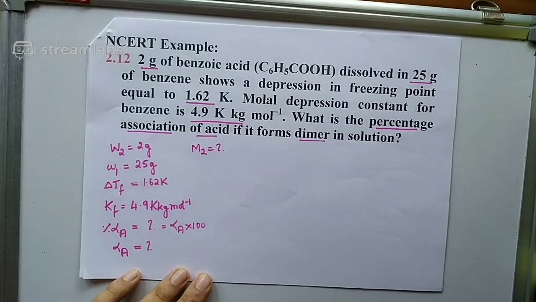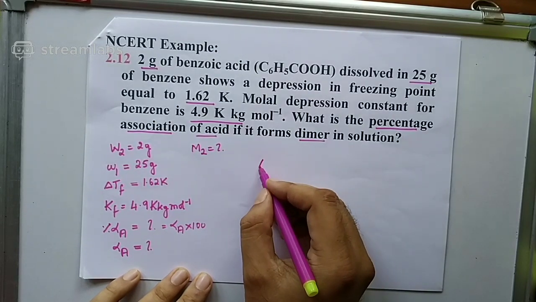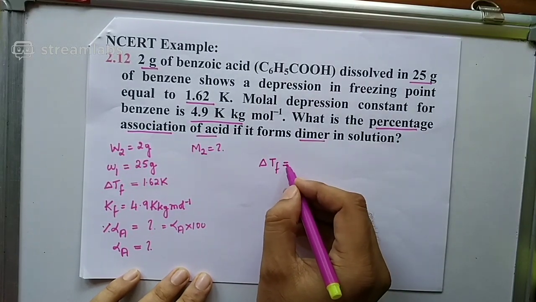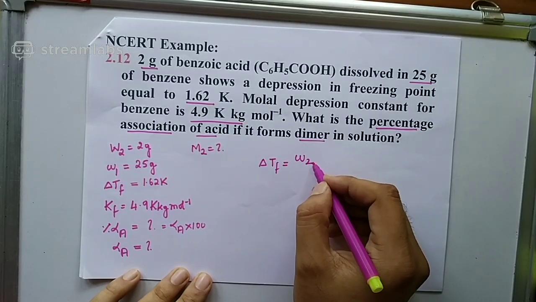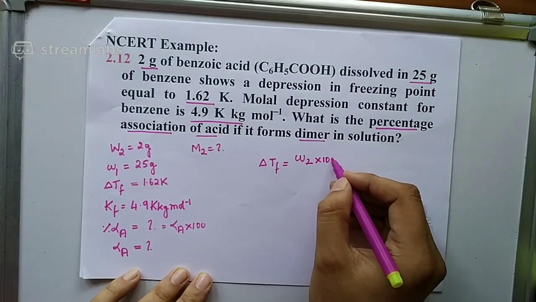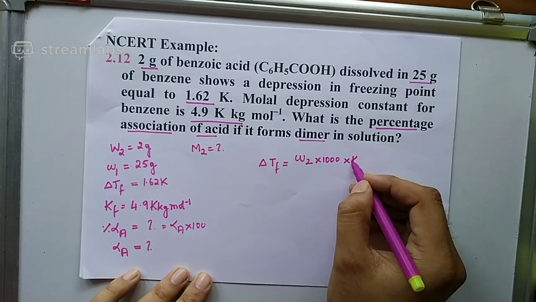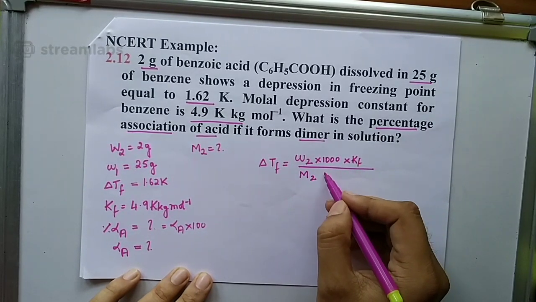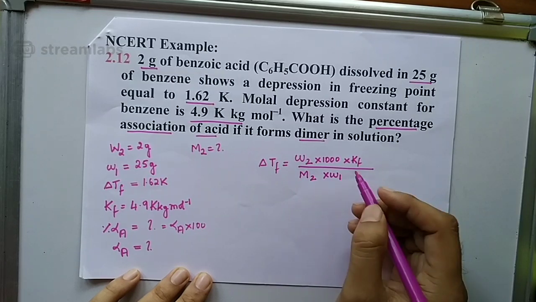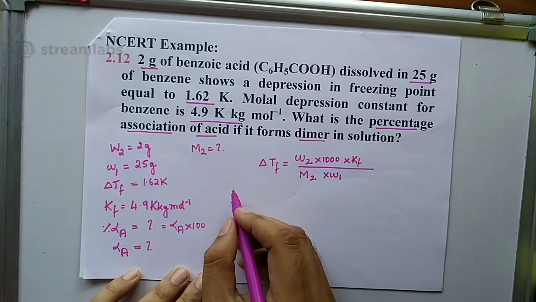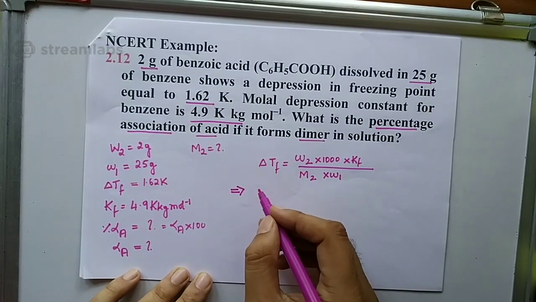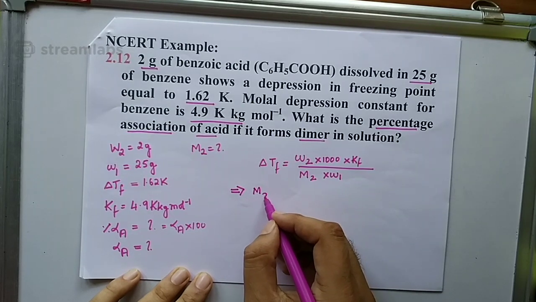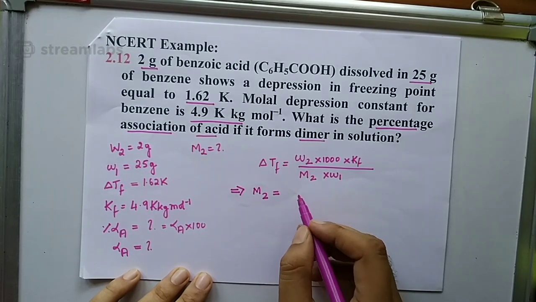We know that delta TF is equal to W2 into 1000 into KF divided by M2 into W1. So using this formula we can calculate the value of M2, that is experimentally determined M2.